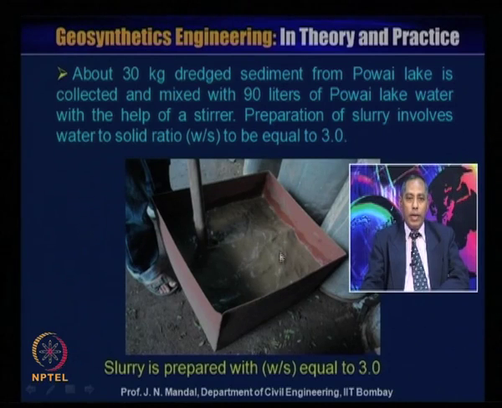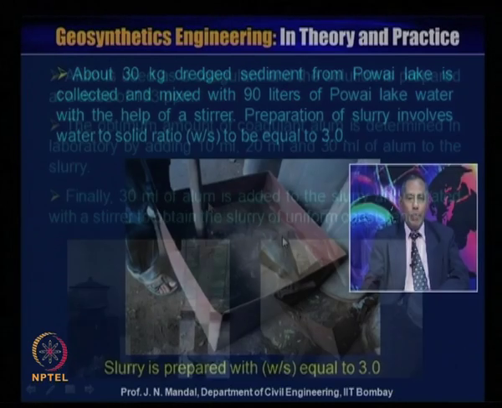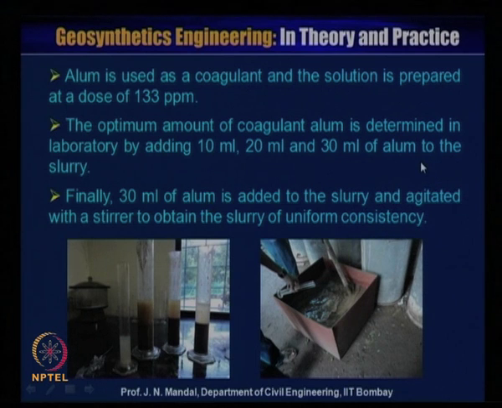So, you have to prepare the slurry very carefully, and then alum is used as a coagulant, and the solution is prepared at a dose of 133 ppm. The optimum amount of coagulant alum is determined in the laboratory by adding 10 ml, 20 ml and 30 ml of alum to the slurry.